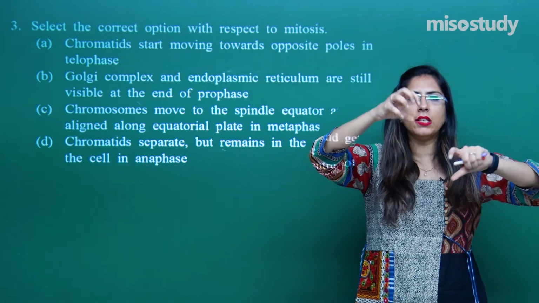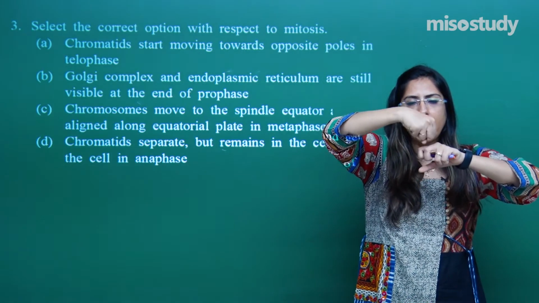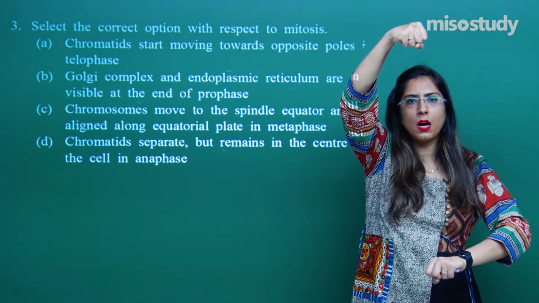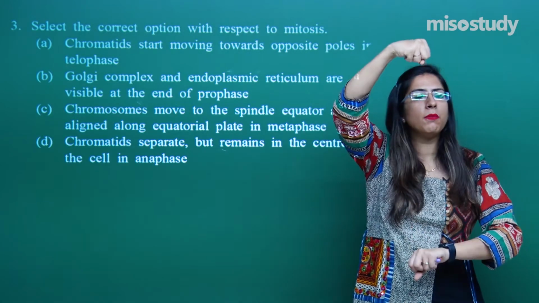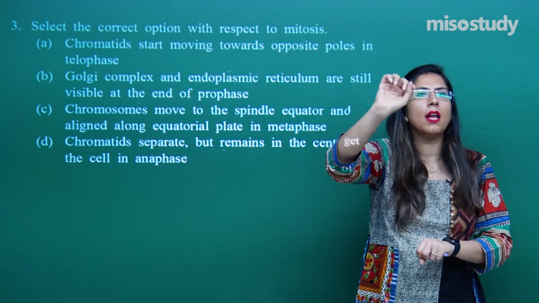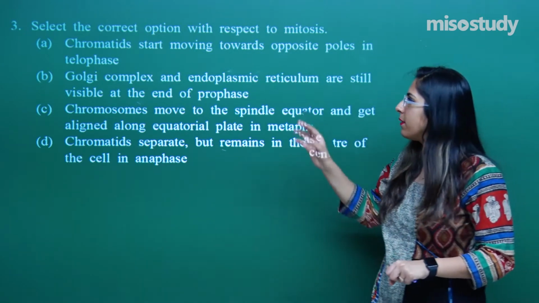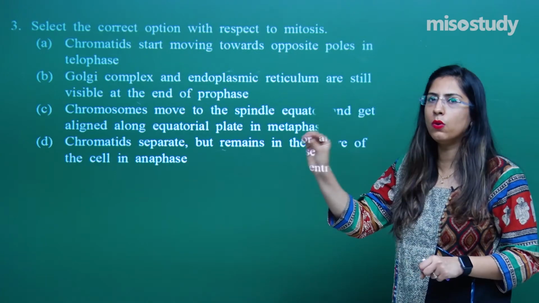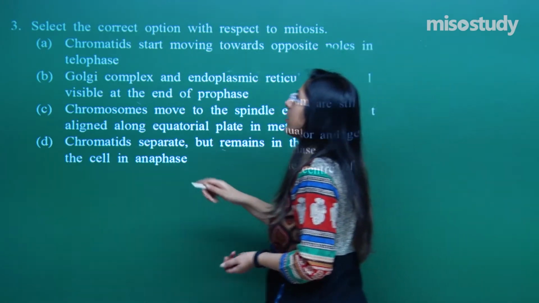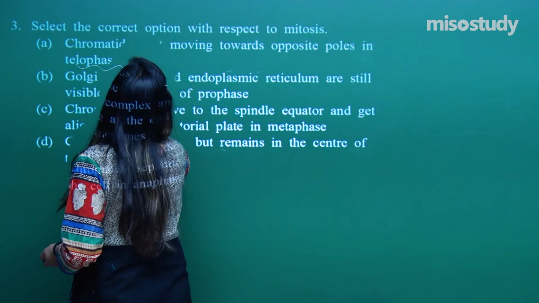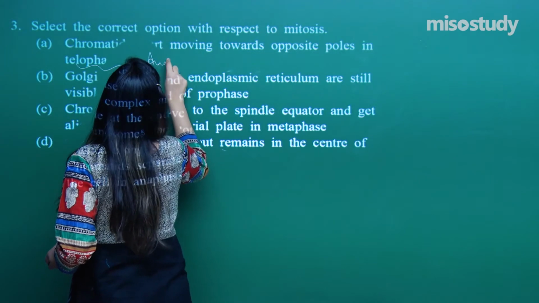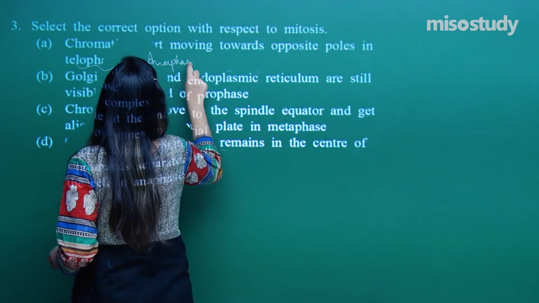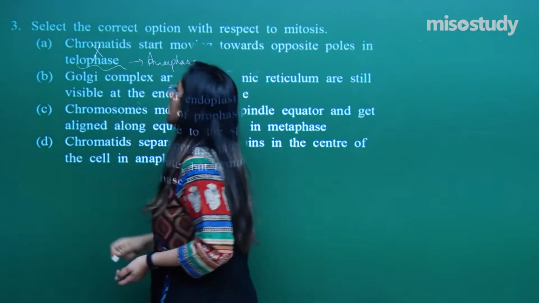After this, the anaphase comes and they try to pull these chromosomes towards the opposite pole. Later, the last is called telophase. But the first option states that the chromosomes start moving towards the opposite pole in telophase. No, in the case of anaphase, they start moving towards the opposite pole. Anaphase. So this is the wrong option.